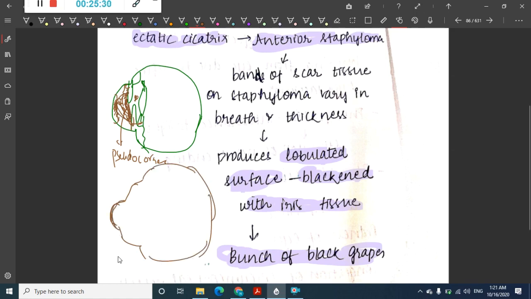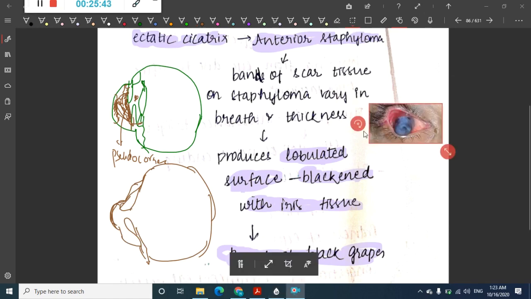This is the anterior staphyloma which is formed. It will also have iris tissue with it, and because of this iris tissue, it looks like a bunch of grapes. Okay, I'll show you the picture of this. This is an example of anterior staphyloma, where the cornea has bulged out.